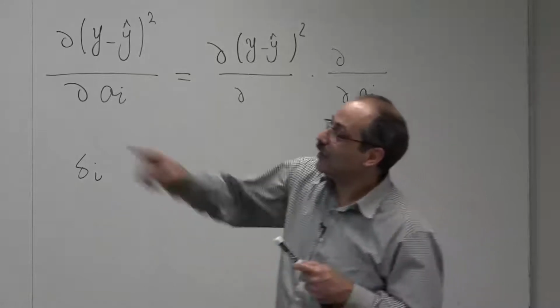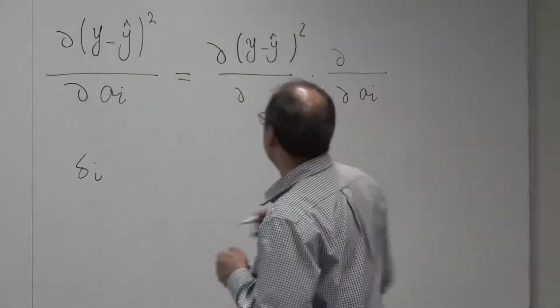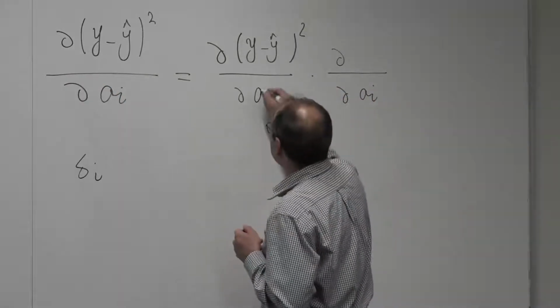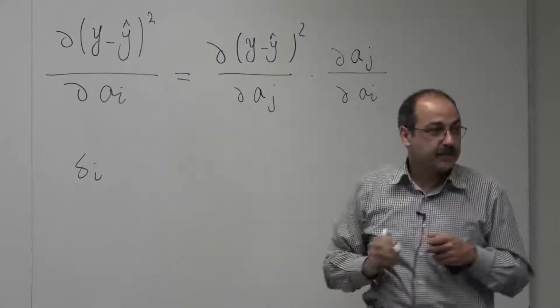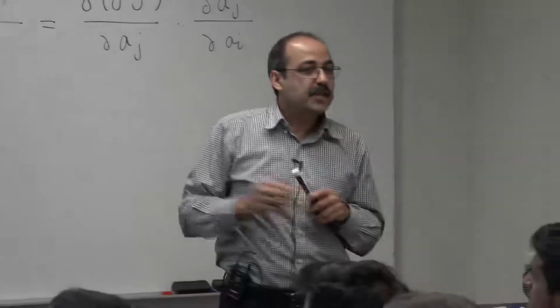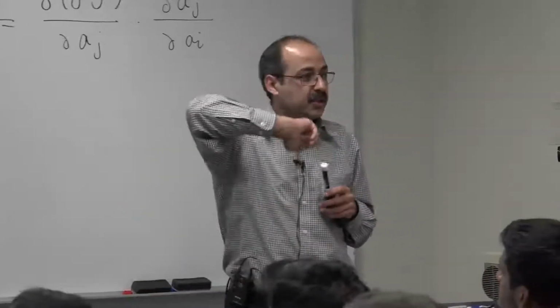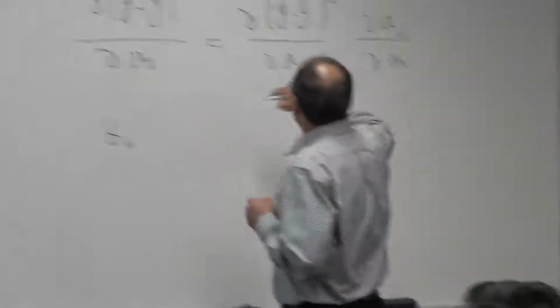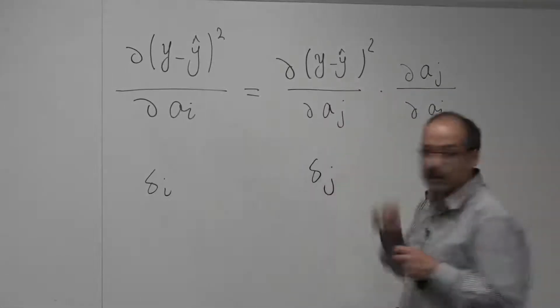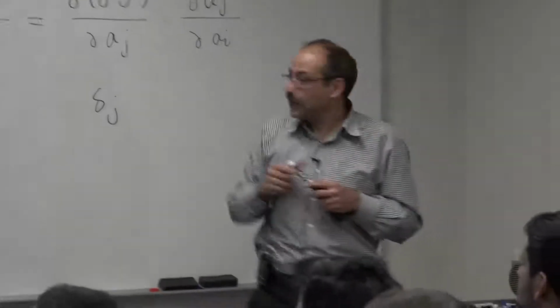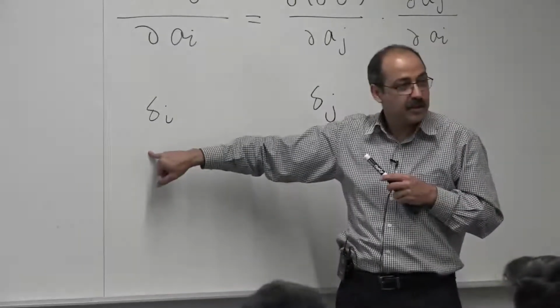So I want to take derivative with respect to AI. Why don't I take derivative with respect to AJ and then AJ with respect to AI? Why is this a better suggestion than your suggestion? Because derivative of this with respect to AJ is just delta J. It has the same nature as delta I, which was unknown.